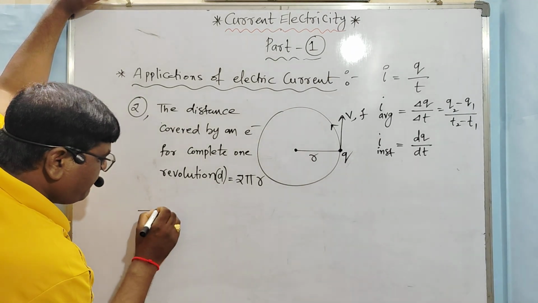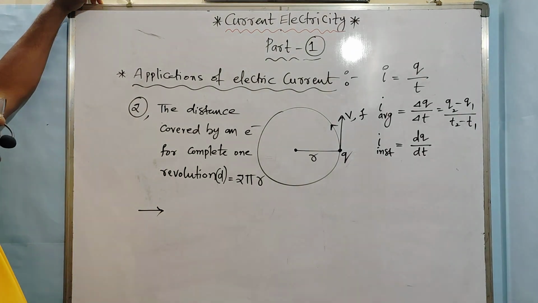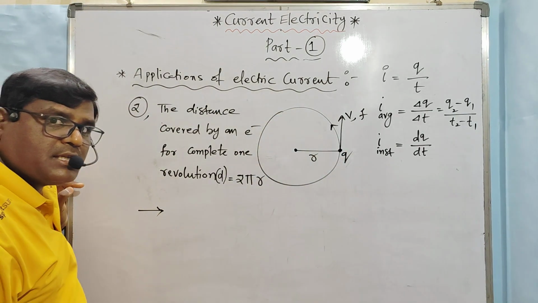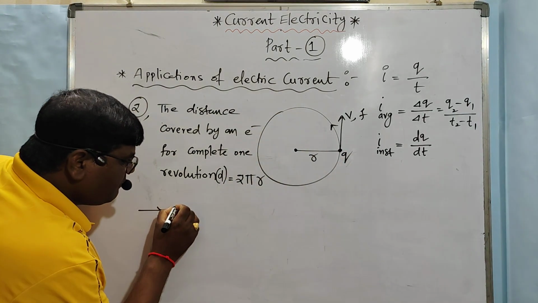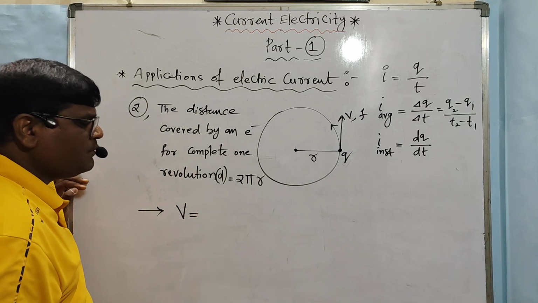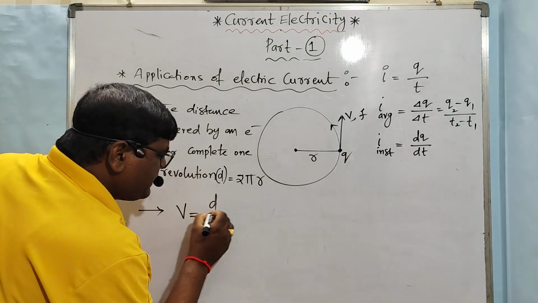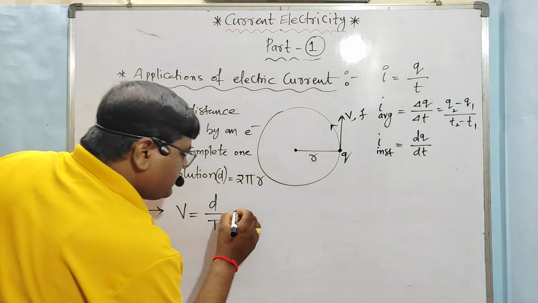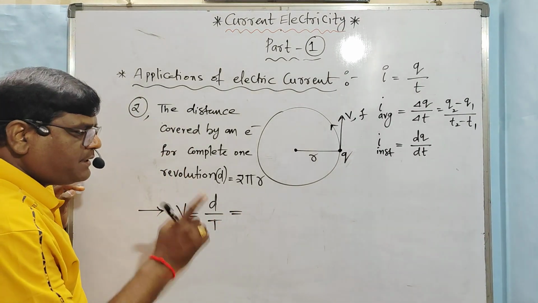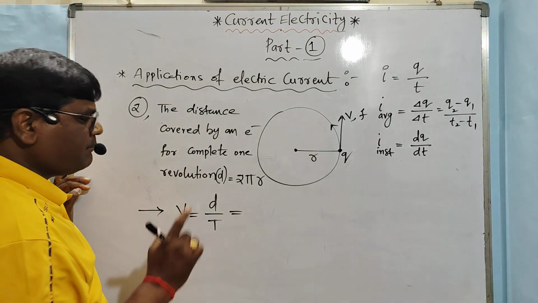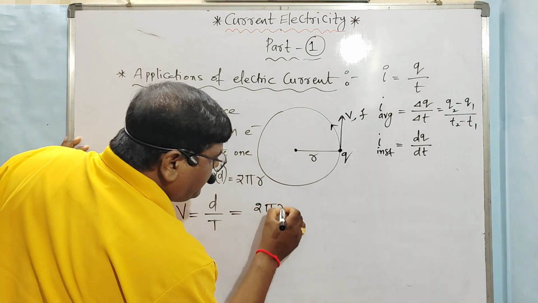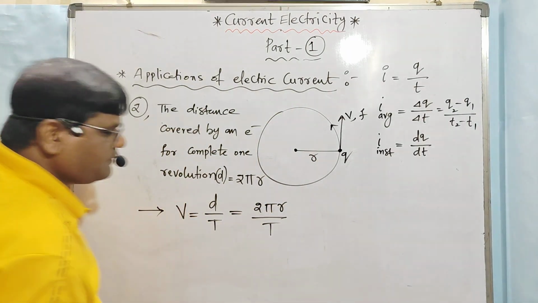Okay, so how can we find the speed of the charge in the circular path? Now, speed is equal to distance by time, we know that, that is T. What distance is covered in a time interval of one revolution? That is equal to 2 pi r by t.